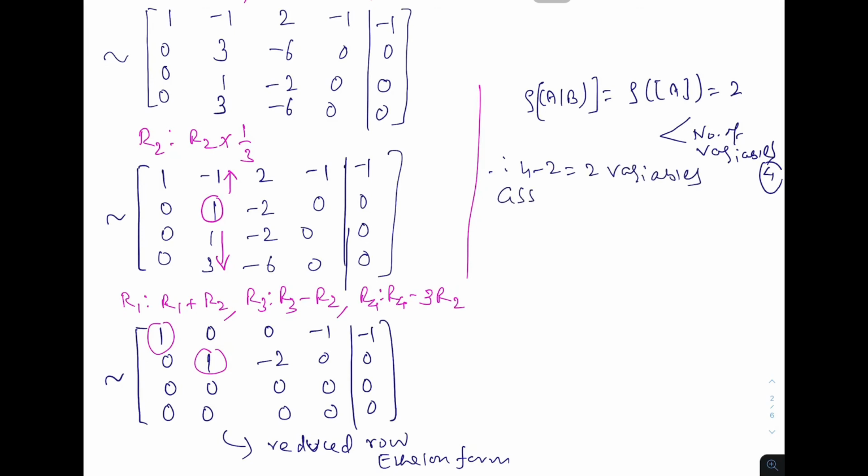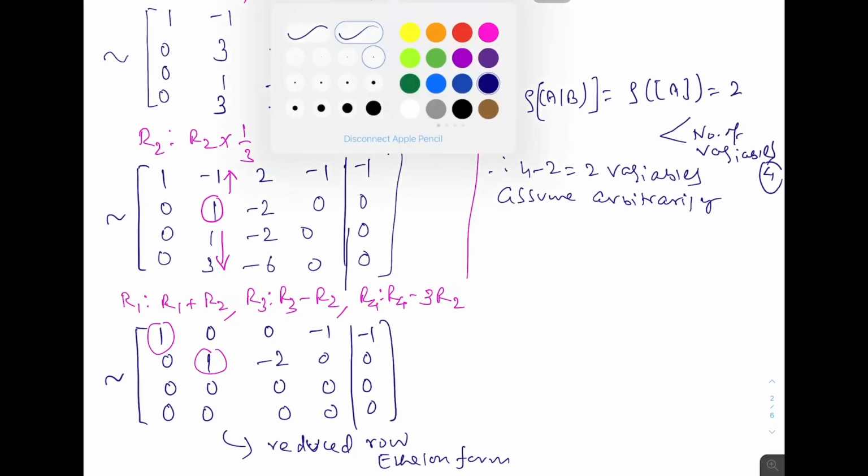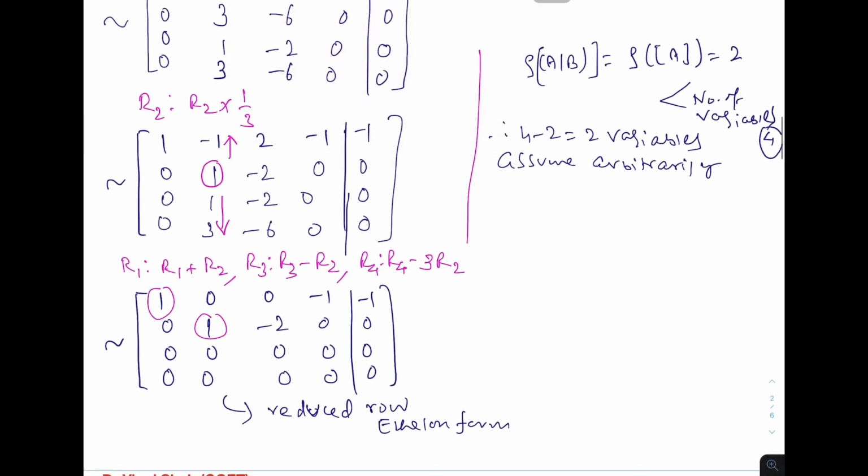Two variables assume arbitrarily. Okay, now which are the 2 variables we need to assume? So there are leading ones only in first and second column.